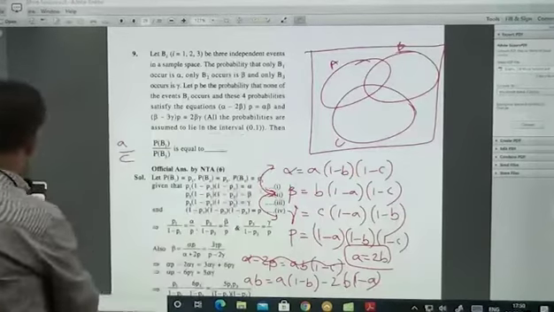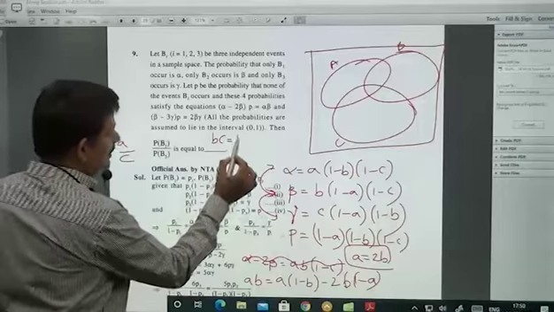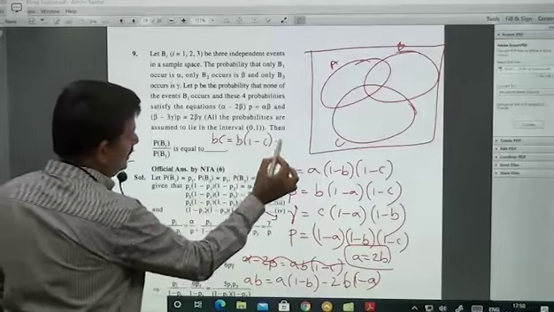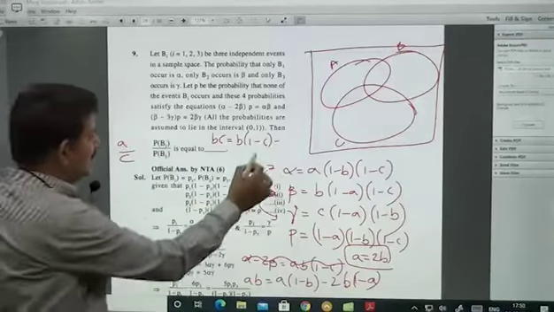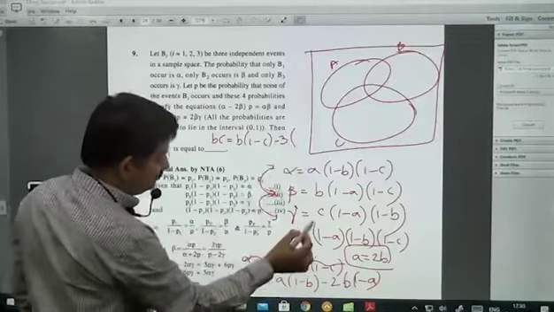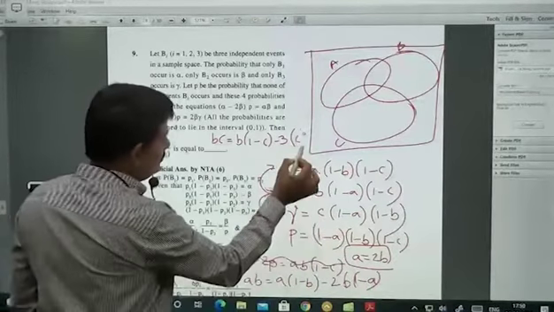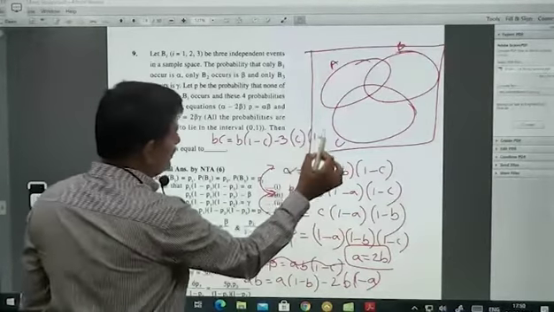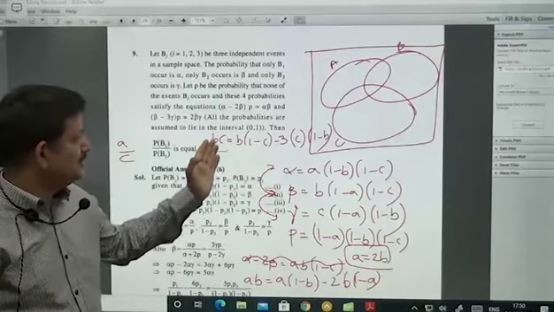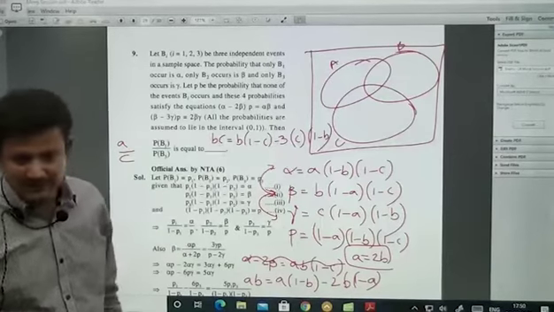So what will you be left with? BC is equal to B into (1 minus C) minus 3 into C into (1 minus B). Okay, BC is here, minus BC, 2 BC plus 3 BC, 1 BC remains.